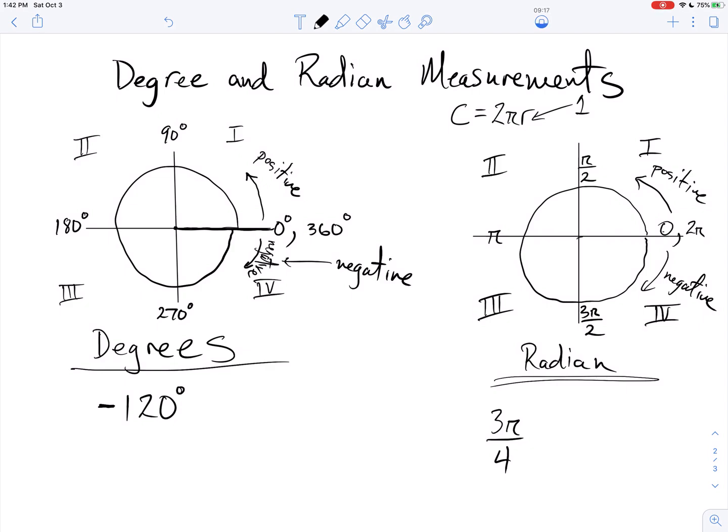We still start every angle measurement from right here going either positive rotation or negative. So 3 pi fourths is halfway between pi over 2 and pi. So if I asked you, could you sketch this angle? You go, okay, I end up right there. This would be a 3 pi fourths angle. Now, all I want to get out today is this concept that there's 2 different ways we can measure an angle. That's all I really want to accomplish with this lesson.